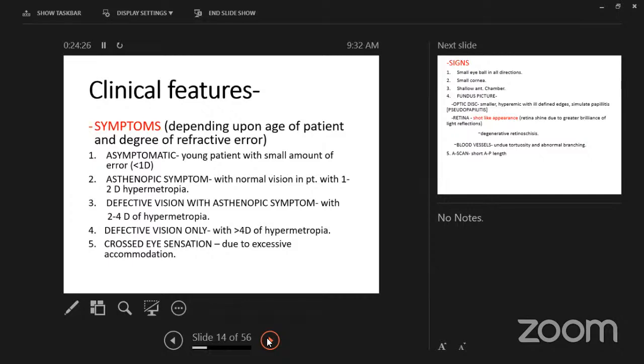When the error is equal to 4 diopters, there is also defective vision along with asthenopic symptoms, and when hypermetropia is really high, more than 4 diopters, there is loss of accommodation and only defective vision. In some patients, they feel like their eyes are closing, but without diplopia, due to the excessive accommodation.